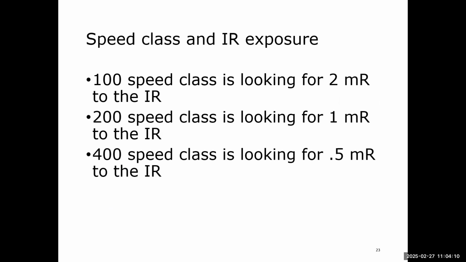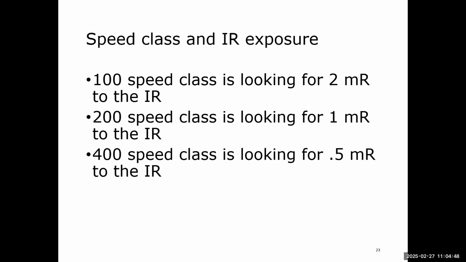Speed class. Okay. So this can be a difficult concept for people who weren't brought up on film screen. It was a lot easier to understand then. But speed class is just basically saying, okay, how much exposure is the IR looking for to have a good quality image based on exposure and patient dose, okay?